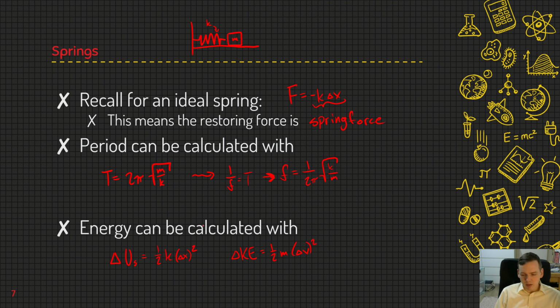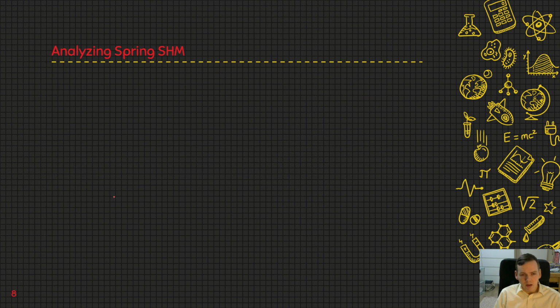The delta does not get squared. So you can track the changes here and think about what we already know about springs and kinetic energy.